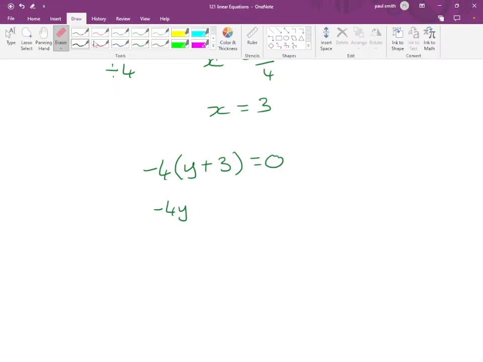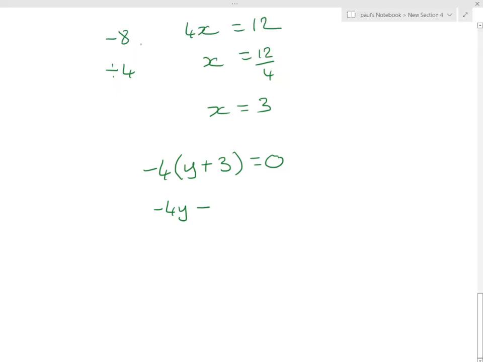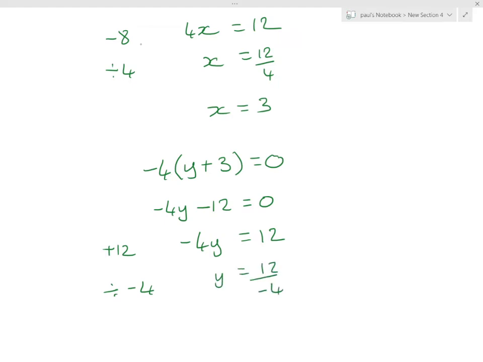So let's go back and do minus 12 equals 0. So now I need to add 12. So I get minus 4y equals 12 and divide by minus 4. So y equals 12, divide by minus 4, which y equals minus 3.